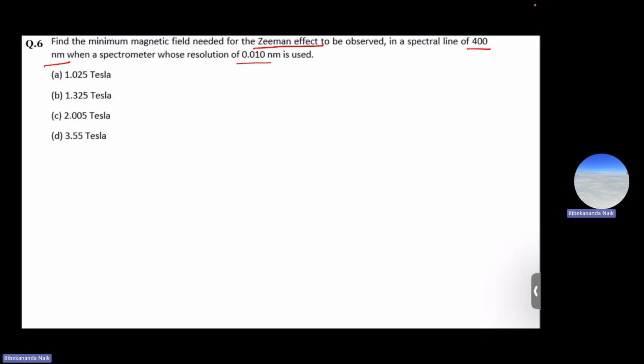So that is the minimum magnetic field needed for splitting up 400 nanometer spectra into a shift of delta lambda of 0.010 nanometer. So delta lambda is given here as 0.010 nanometer and lambda is given here as 400 nanometer. So what is the magnetic field required? That will be the answer to this question. So I'll give you a few minutes and then we will discuss.